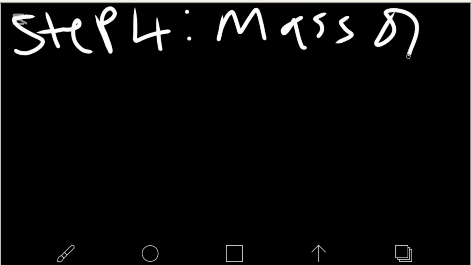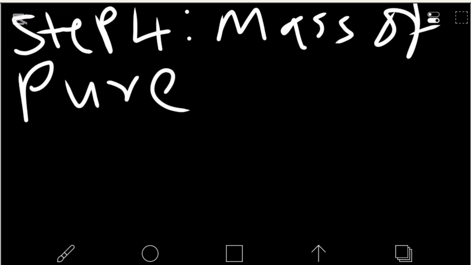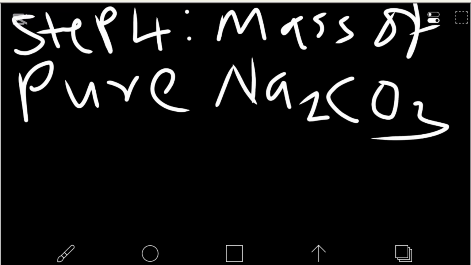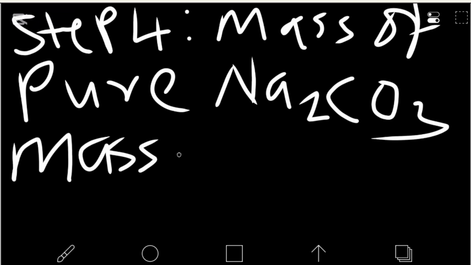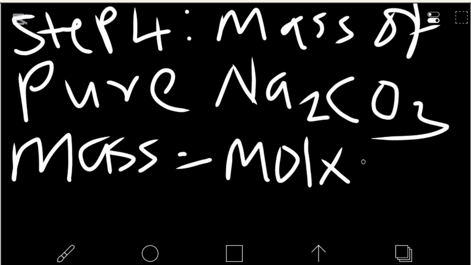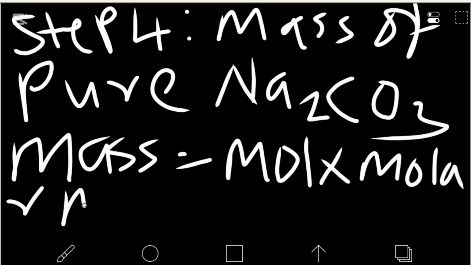Step 4 is for us to calculate the mass of pure sodium carbonate. The formula for calculating mass of pure sodium carbonate is mass is equal to mole times molar mass.